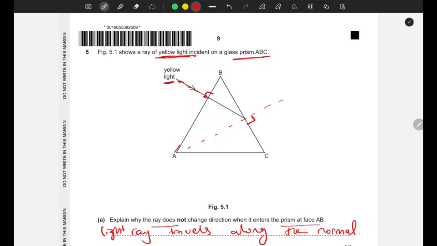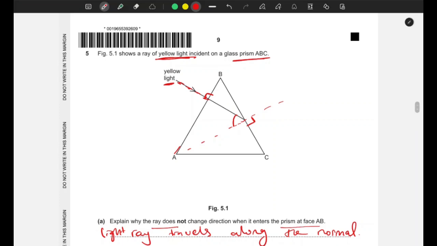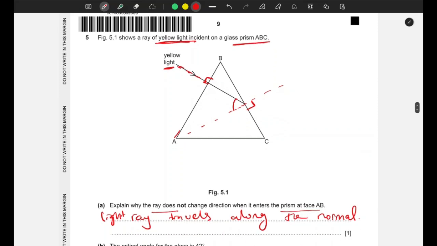So now we have to measure this angle. I can't show you exactly, but when measuring this angle, it would come up to approximately 60 degrees.